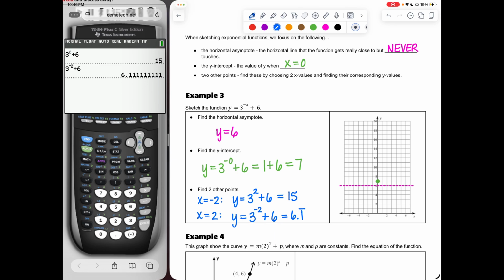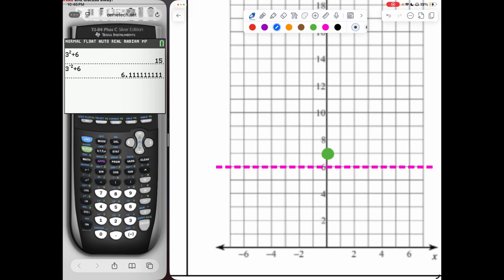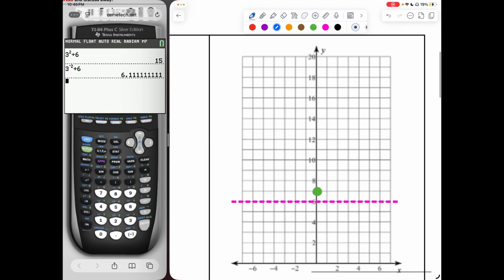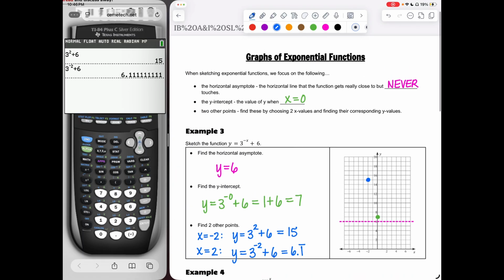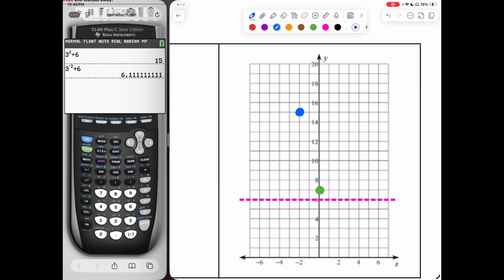So now, if I want to, I can just go ahead and plot these. So -2, 15. If I plot -2, 15, I am here. And if I plot +2, 6.1, it will be somewhere like right here.